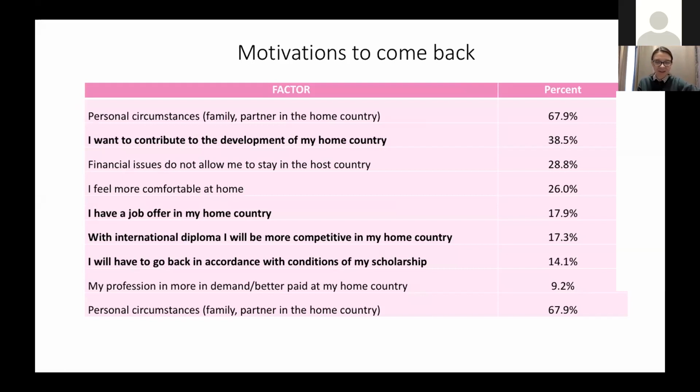That's one of the key reasons to come back. In addition to that, interesting motivations include having a job offer in the home country, in Russia, having more career opportunities in Russia, and studying via scholarship, and being obliged to return to Russia.